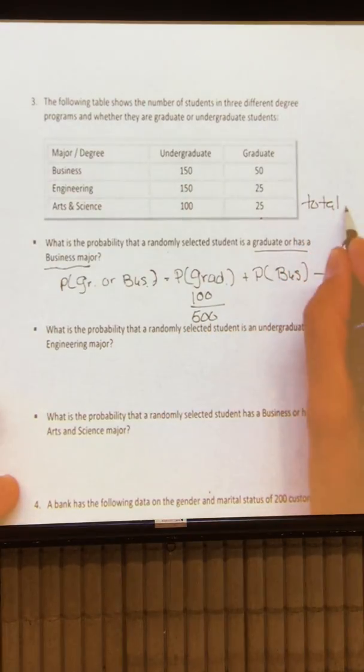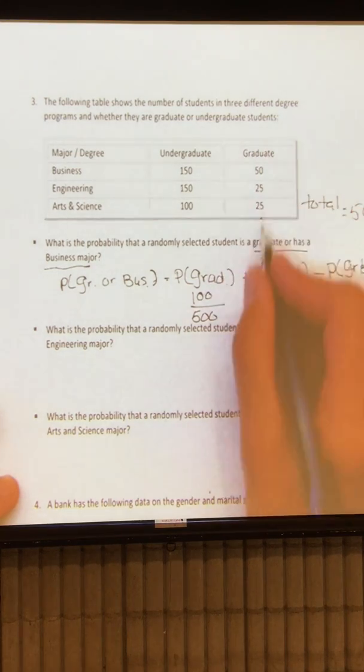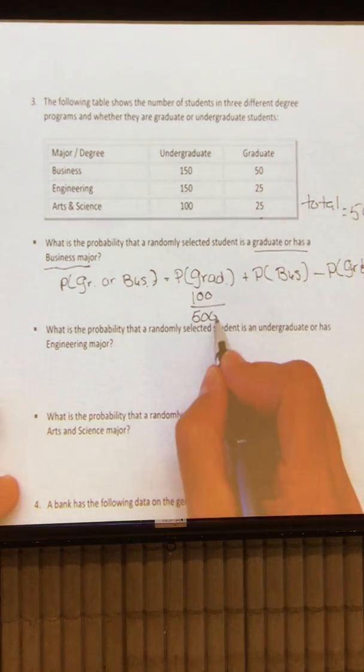Make sure you find the total of 500, and you can total each column and each row.